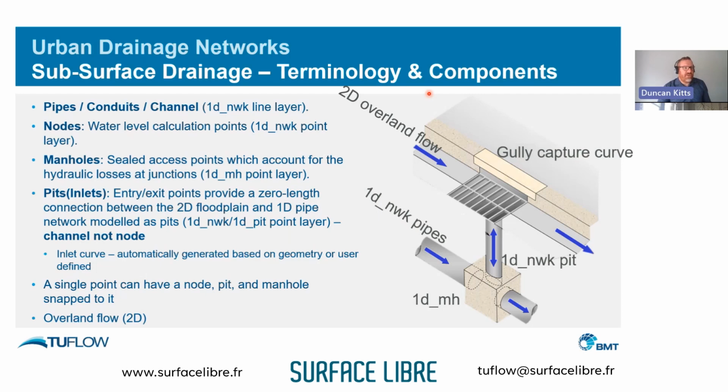And then obviously we've got the 2D overland flow component, and we can also do some things with 1D hydrology and apply that to these nodes. So the two highlighted points there are optional. We don't need to include them. TwoFlow has a way of automatically generating your nodes, which we'll talk about later, and also automatically generating the manholes and the associated hydraulic losses that go with that.